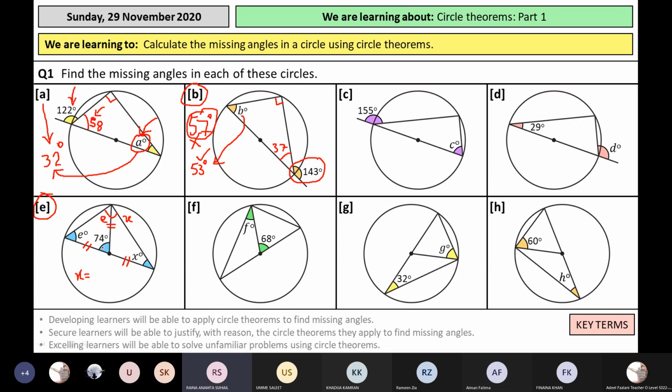Yes, sir, X is equal to 37 and E is equal to 53. Make sure you're all getting the common answer. Is there any student who is getting another answer other than these two angles? No, sir. Everyone is getting the same answer, yes?